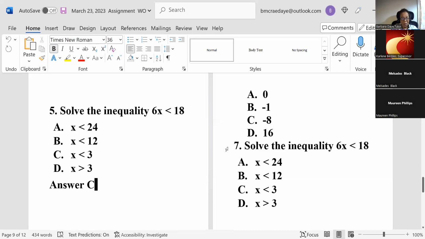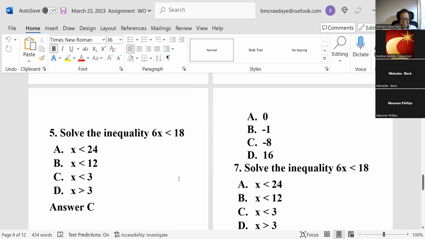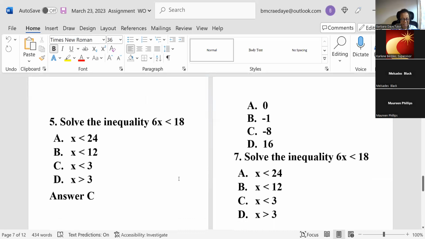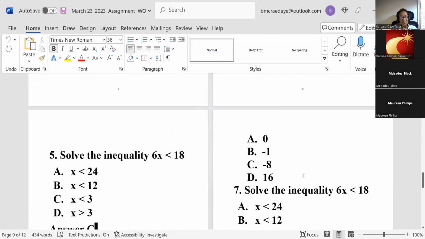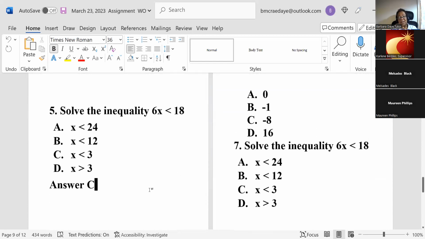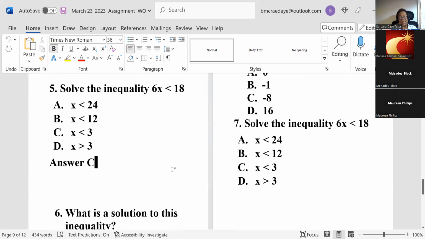You're saying 5 and 7 is the same question, so I didn't do that. Yes, 7 is C also, right? Same thing. If you got it wrong in one place, you got it wrong in the other.